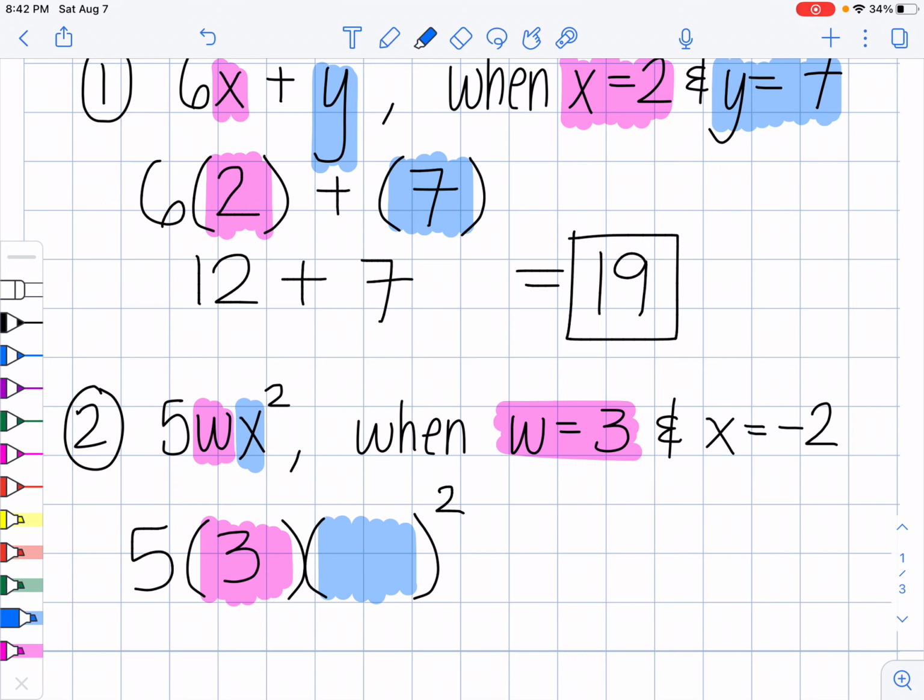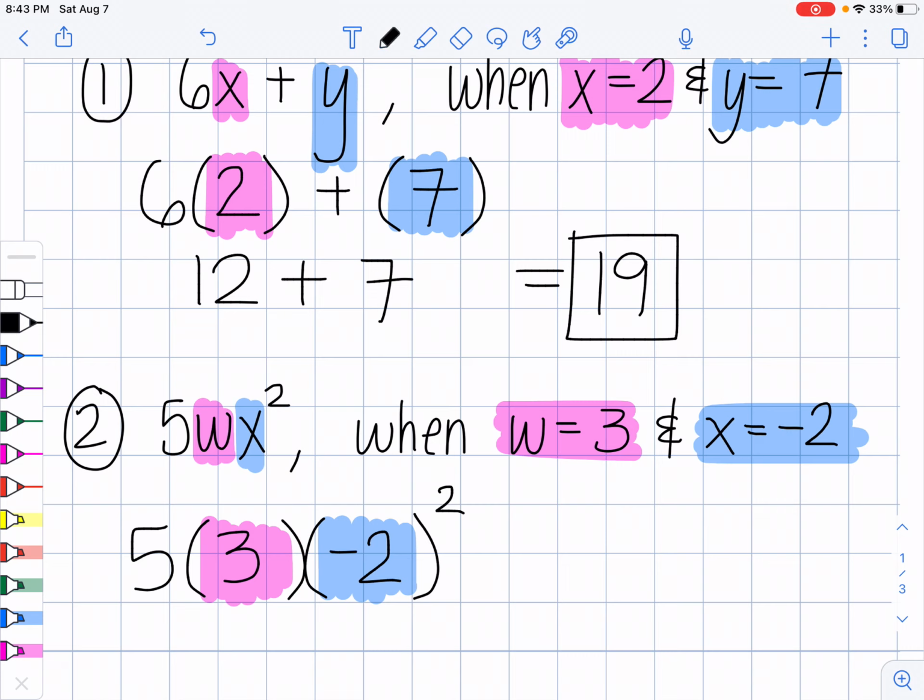Over here, it's telling me that x is equal to -2. So down here in my skeleton, wherever I have an x, or this blue, I'm going to write in place a -2. Now I'm going to use my order of operations to simplify. Do I have any parentheses? Well, I do, but there's nothing I can do inside my parentheses because it's already simplified. Exponents. Yes, I have an exponent right here. -2 squared.